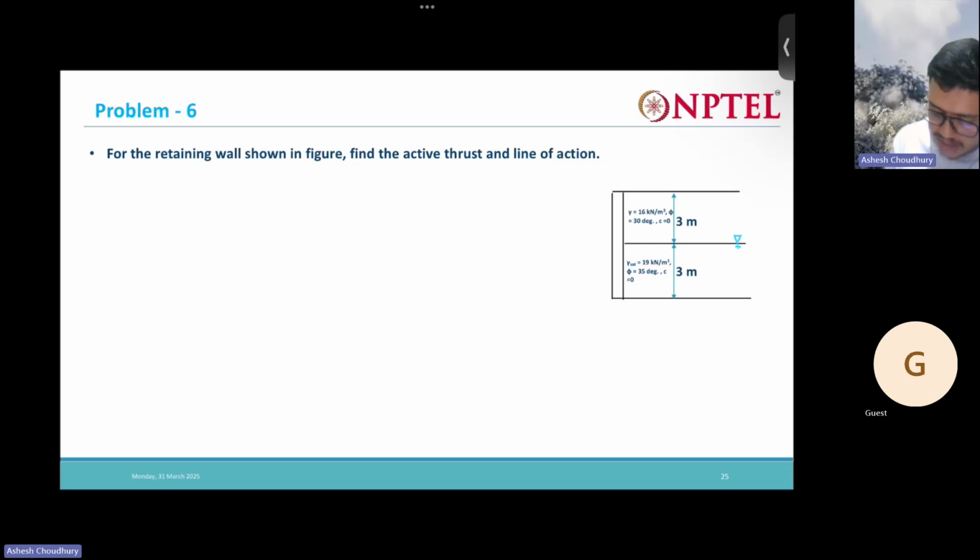Same, we have to find the condition given to us. We need to find out the active thrust. Okay. So Ka1 is... and Ka2, you already know it's 0.271, 35 degrees. Submerged is 19.